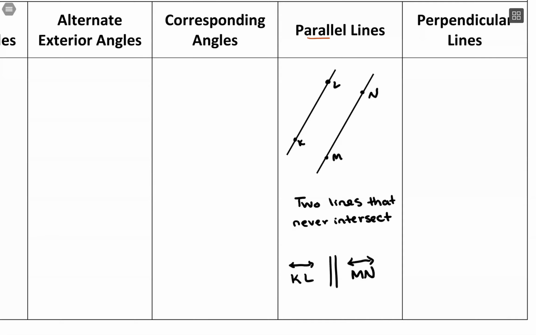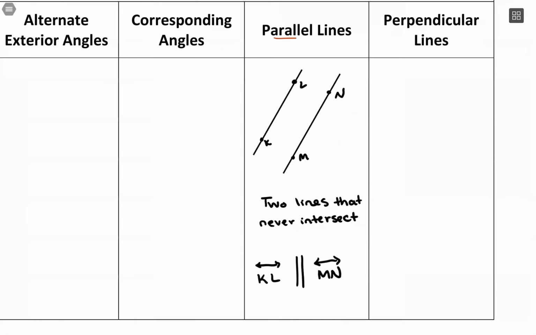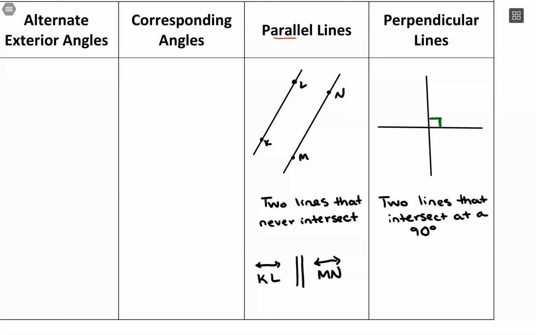Another way that two lines can work together is perpendicular lines, and it's when you have two lines that intersect with each other. When they intersect, they make a perfect 90-degree angle. So this would be two lines that intersect at a 90-degree angle.